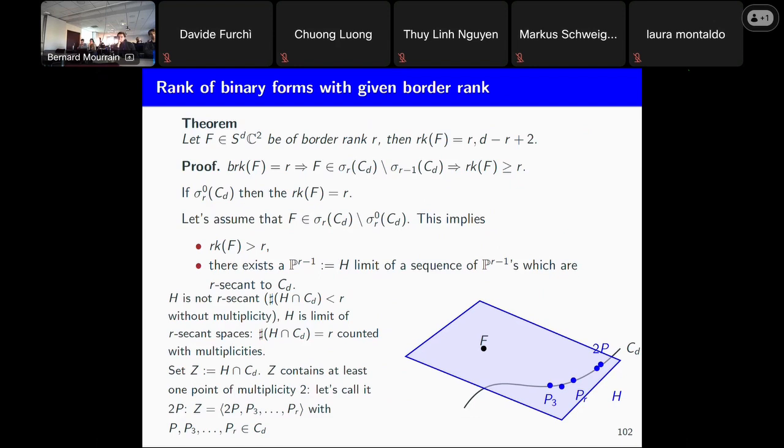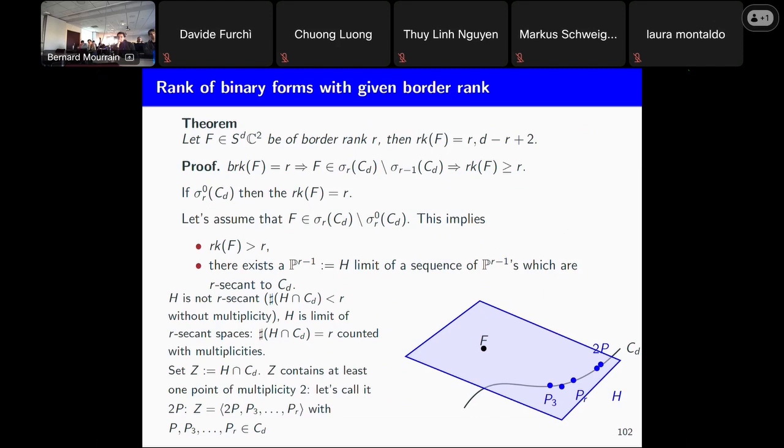But if I count the multiplicity of them, I get R. So some point has to be at least double. But I can have different things, right? I can have 2 points going together, 3 points going together, 2 here and 4 here. Many things can happen. The point is that I have at least a double point.